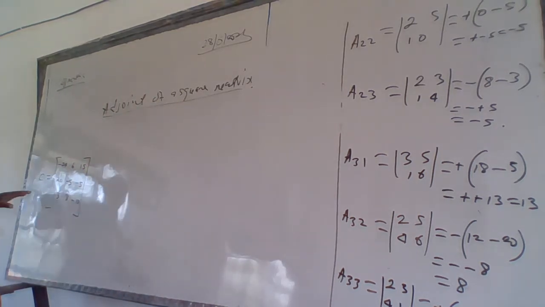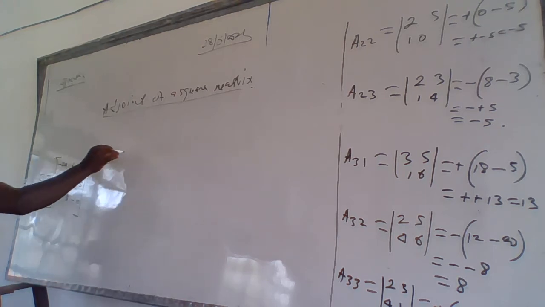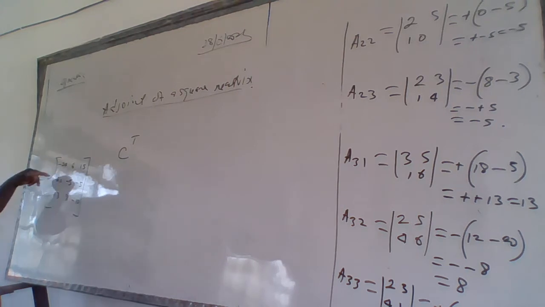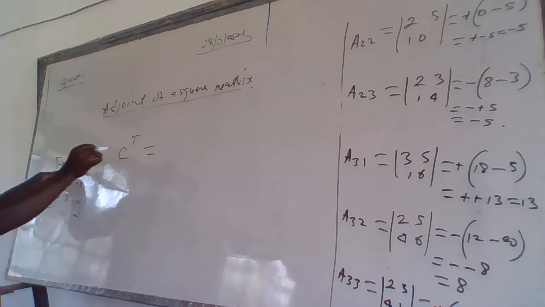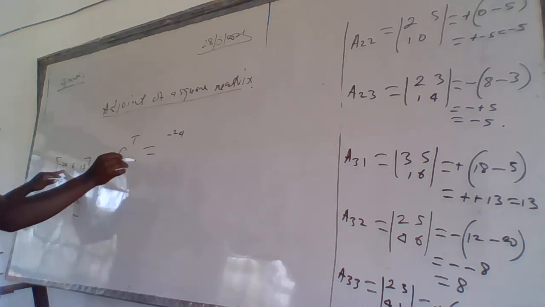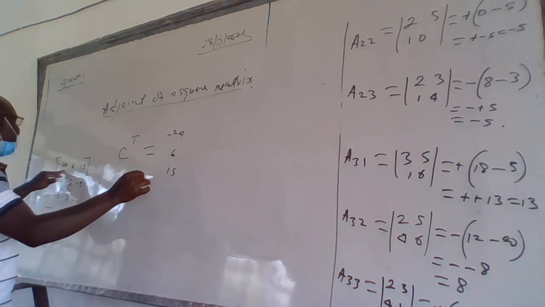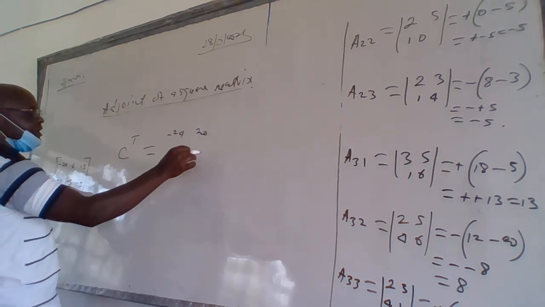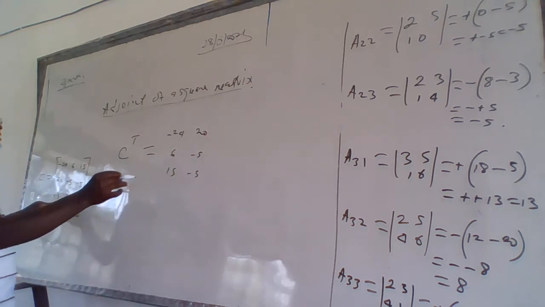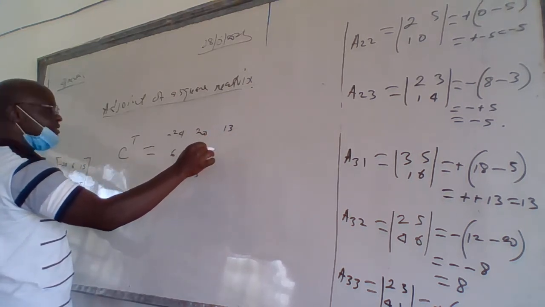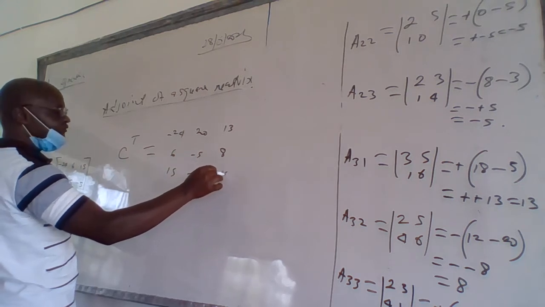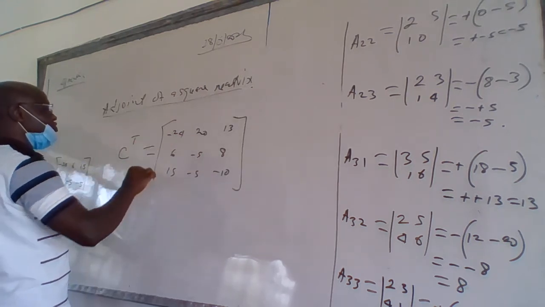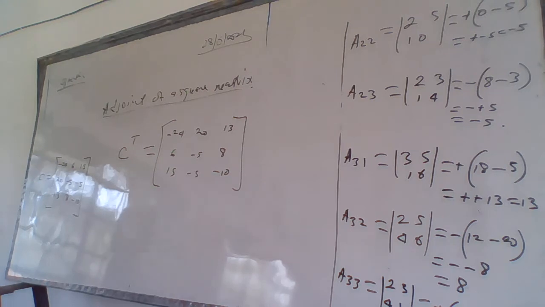So this is a matrix of cofactors. Then I want us to transpose this. So C, we transpose this, it will be equal to what? Negative 24, 6, 15, then 20, negative 5, 13, 8, negative 10. So when we transpose matrix C, then that is what we have.